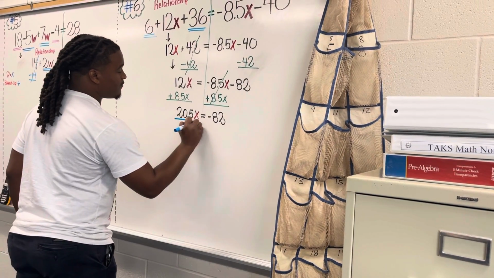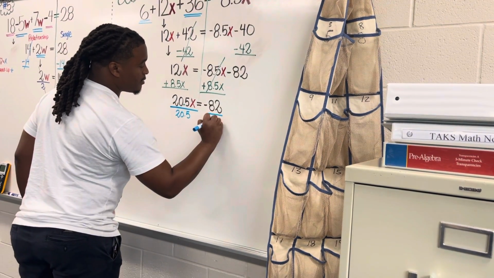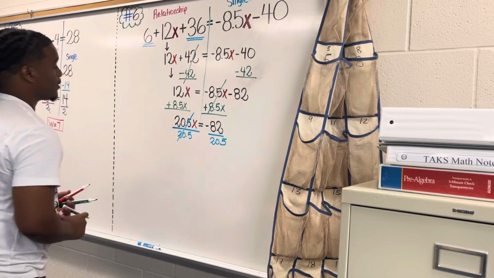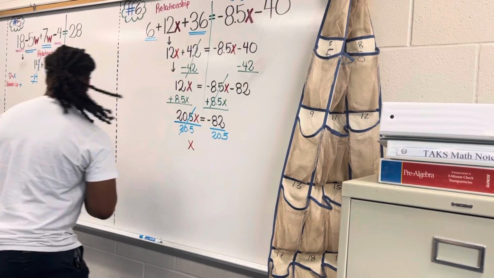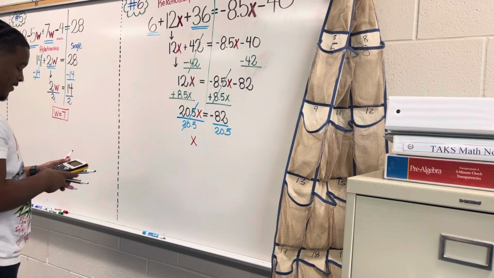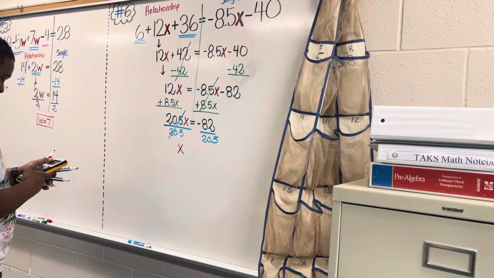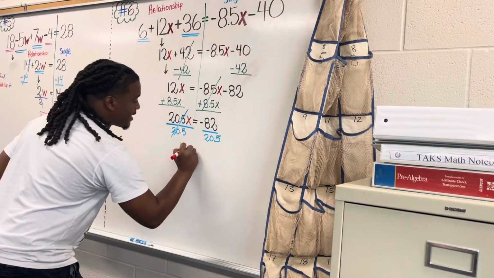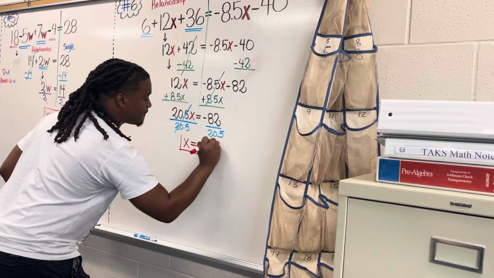I'm going to divide both sides by 20.5. 20.5x divided by 20.5 is x. Let me get my calculator. 82 divided by 20.5 is negative 4. So x in this case equals negative 4.